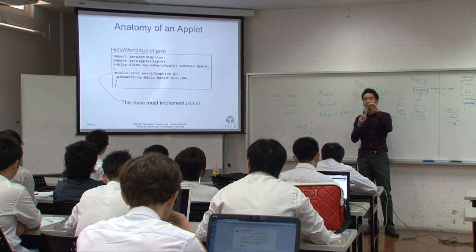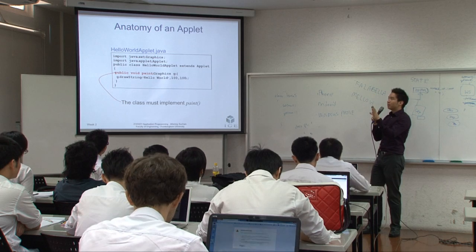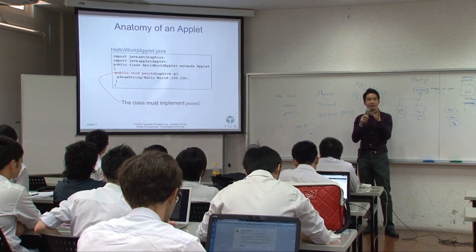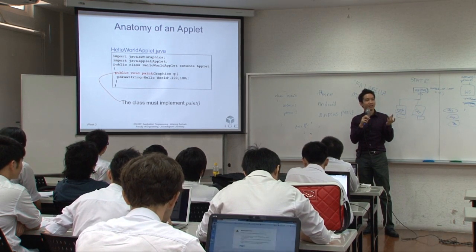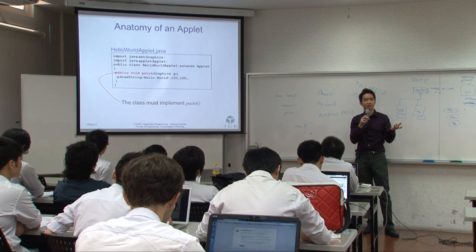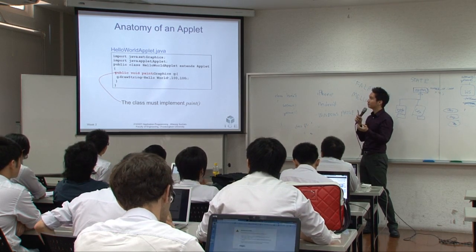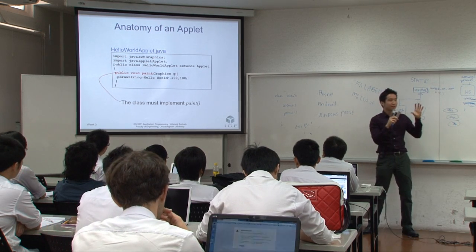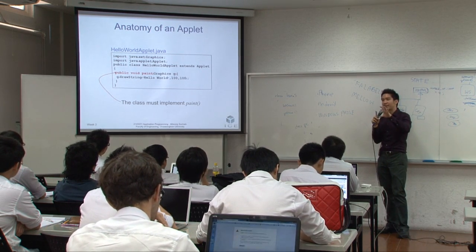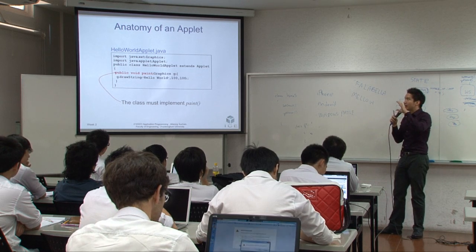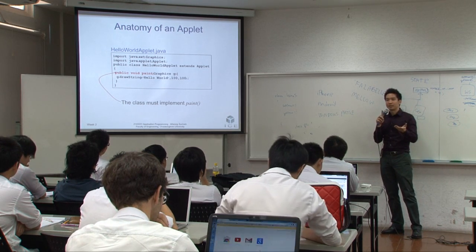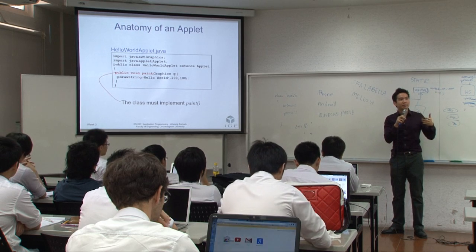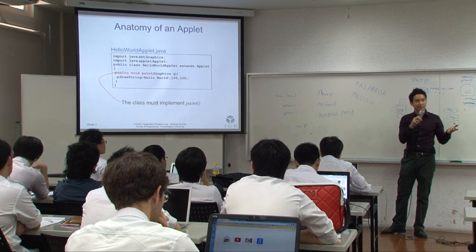Let me ask you, if I did not put anything inside the paint method, when you run the applet, what's going to happen? Just a window, right? The important point that I want to convey here is that when you develop an applet, you are not building the application from scratch.